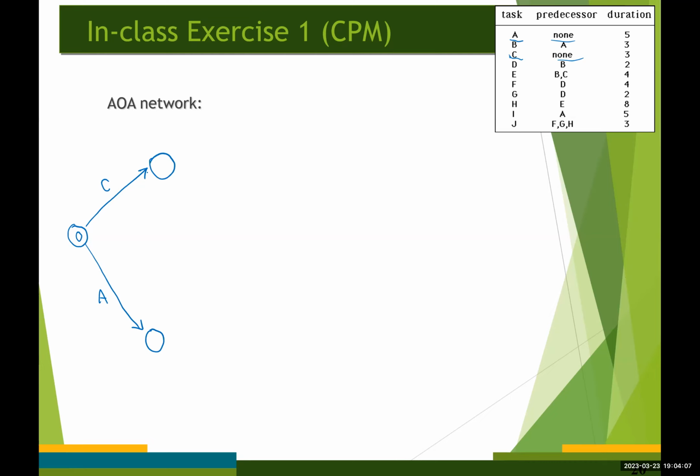Now activity B has a predecessor, which is A, so I'm going to have this. This is going to be B.